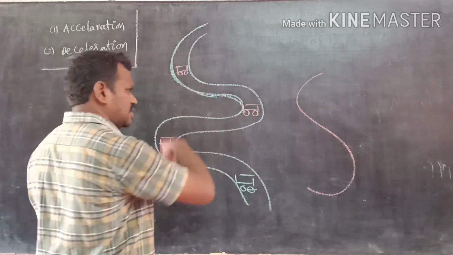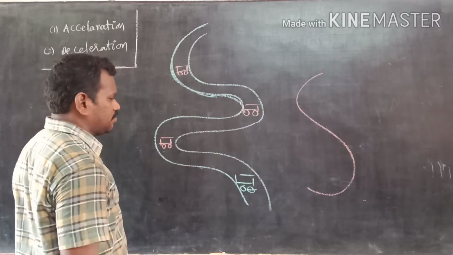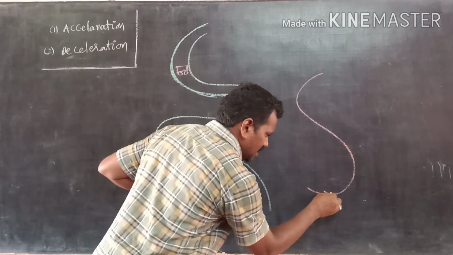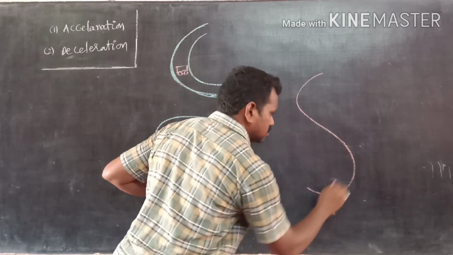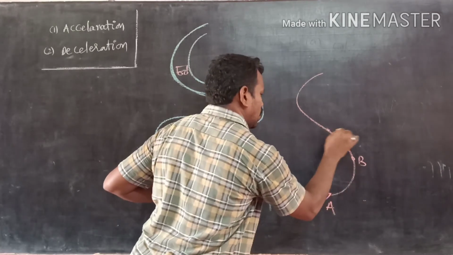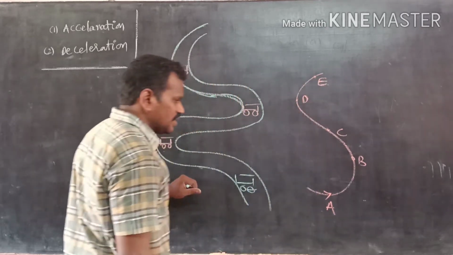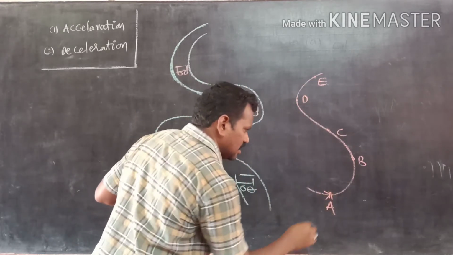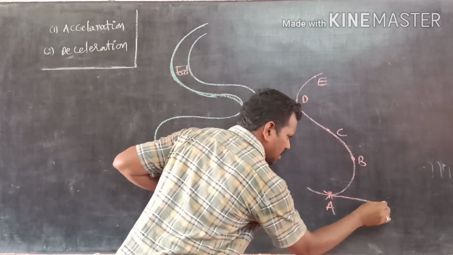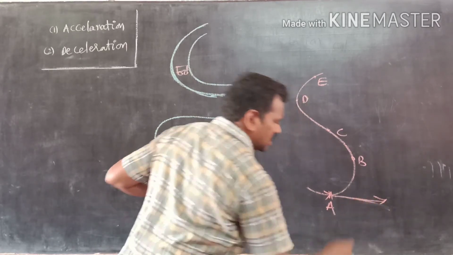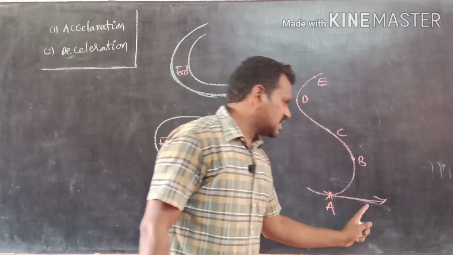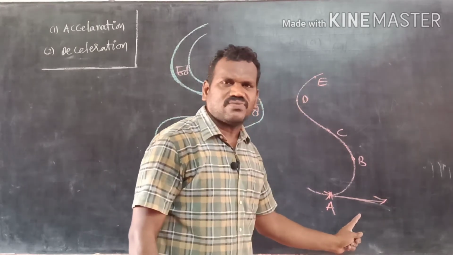See, at this particular point A, point B, point C, point D, point E, if we consider point A, the body is moving in this path, and there we draw the tangent. Why? Because this tangent gives the direction of velocity.